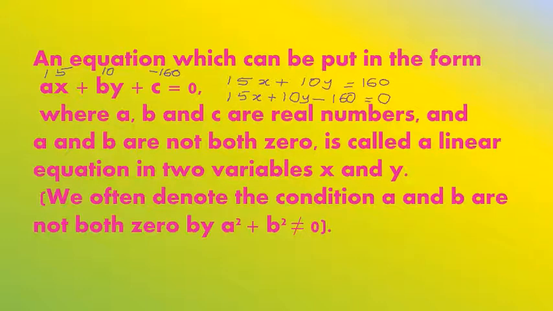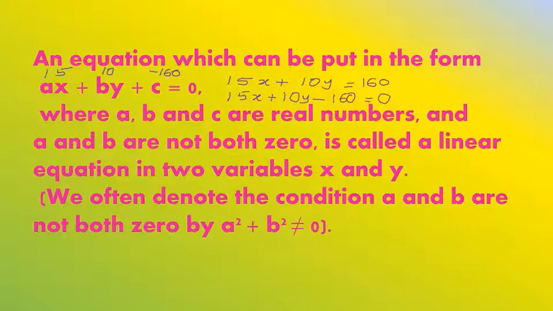Now, where a, b and c are real numbers and a and b are not both 0. What will happen if a and b both become 0? Why is it said that a and b cannot both be 0? Because children, if I take a and b as both 0, for example here a is 15.